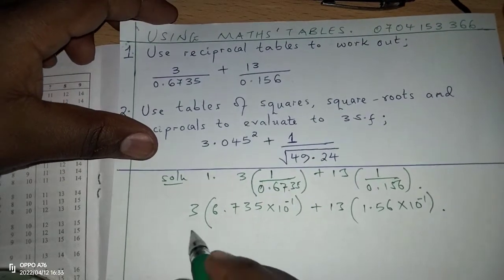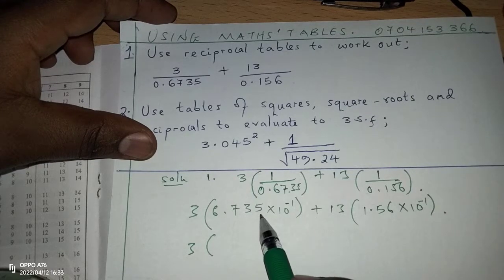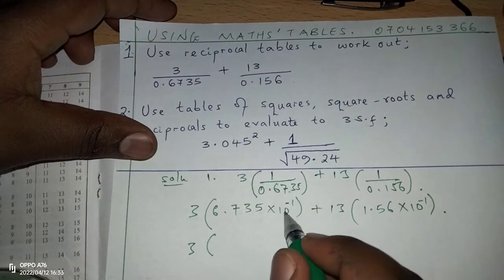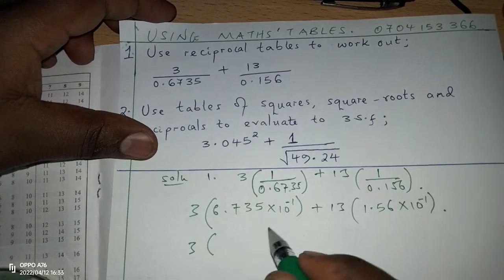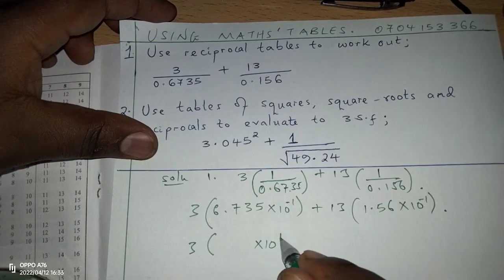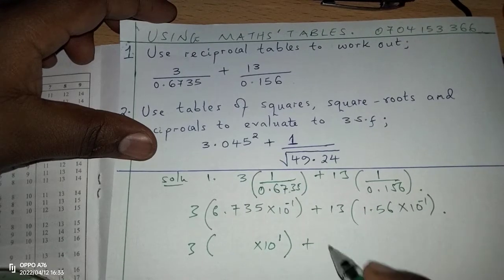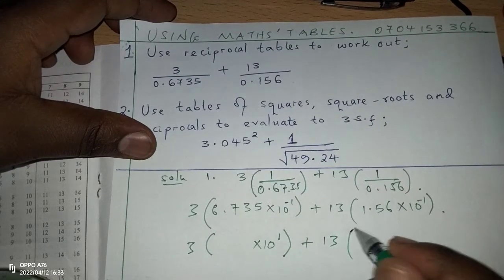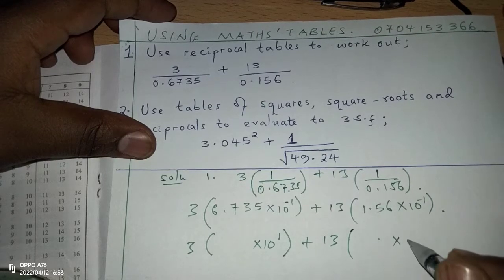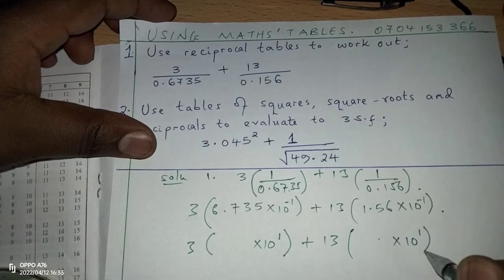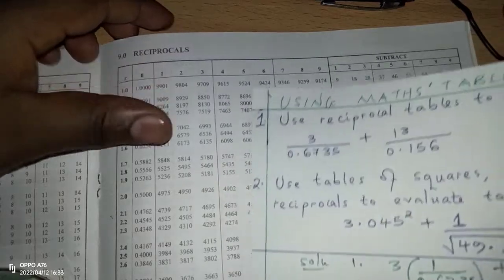Therefore here we should have 3 multiplied by the reciprocal of this number, which will be read from the tables, but the reciprocal of the 10 power -1 becomes 10 power 1. So we reverse the sign of the index of 10, plus 13 multiplied by the reciprocal of 1.56, which will be read from the table, and we multiply with 10 power 1 because we have 10 power -1. So its reciprocal is 10 with a +1.